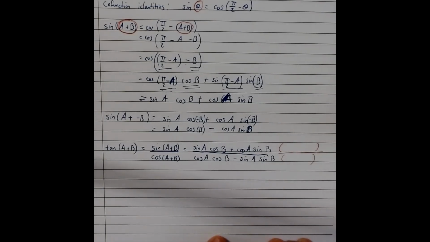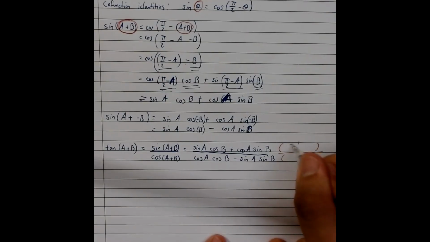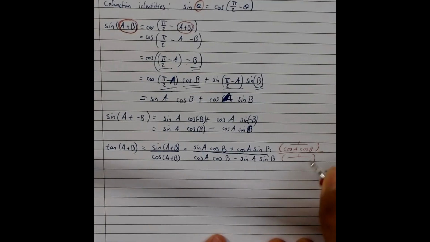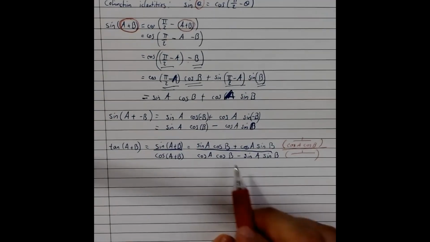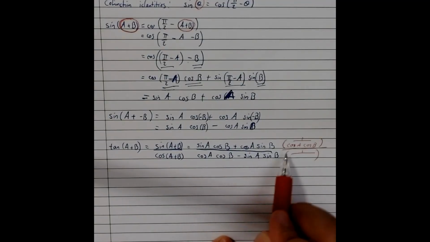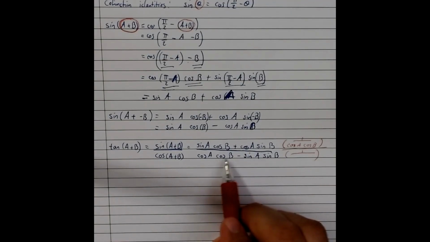We're going to multiply the top and the bottom by 1 over cosine A cosine B. Now that might look like a strange choice, but note that at least one of cosine A and cosine B exists in each of these terms.